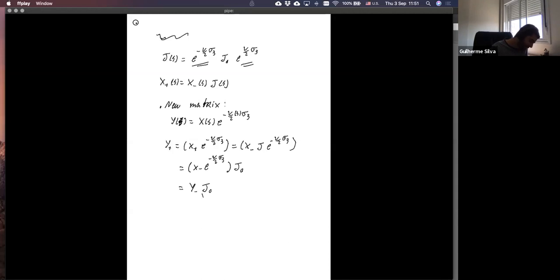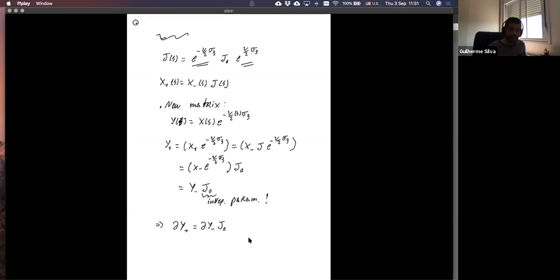Oh, but this J0 is independent of parameters. It doesn't depend on x, gamma, and t. Which means that if I take a derivative of my Y with respect to a parameter, I get exactly the same jump condition.